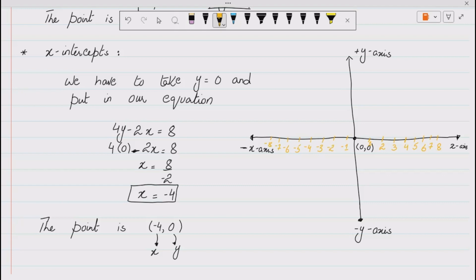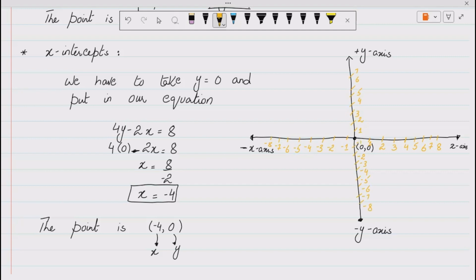In the same way, we can do the labeling on the y-axis as well. Now, on the negative y-axis, we can do the same thing: -1, -2, -3, -4, -5, -6, -7, -8, and so on.